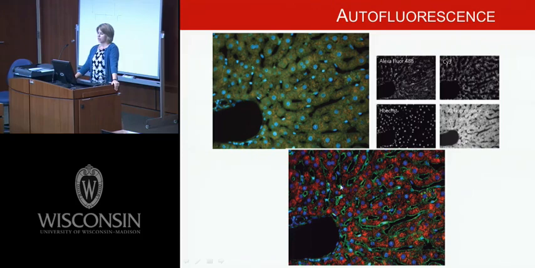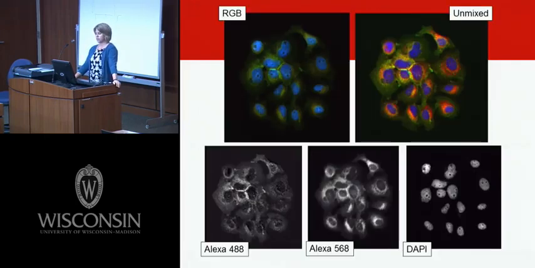And the unmixed image, so the composite image that's generated by the computer software, looks like what we see here on the bottom. And the manufacturer, as you know, will always provide beautiful images, and you ask yourself, can this really happen? Does this really happen? And so this is from an investigator's laboratory here on campus, and you can see here very nicely, this is the red, green, blue, the RGB image.